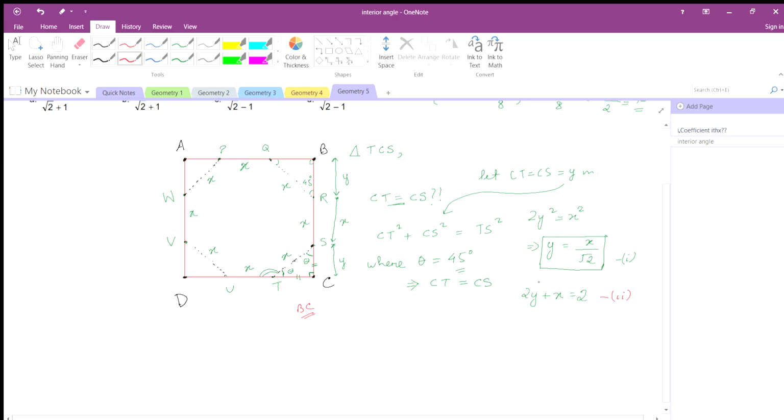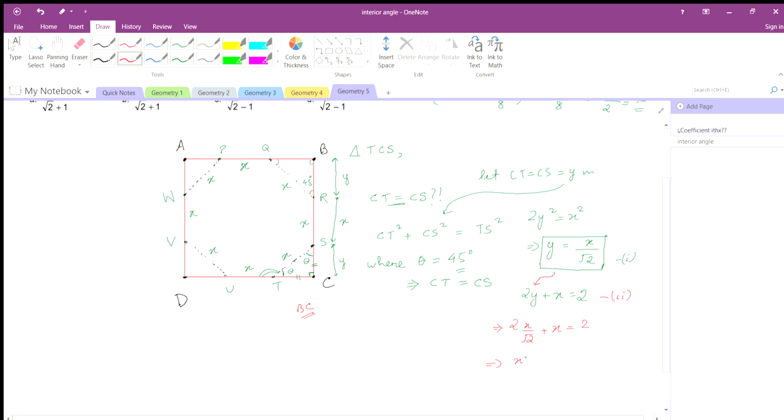Now we need to find the value of x, right? So substitute the value of y here. What you will get is 2x by root 2 plus x is equal to 2.